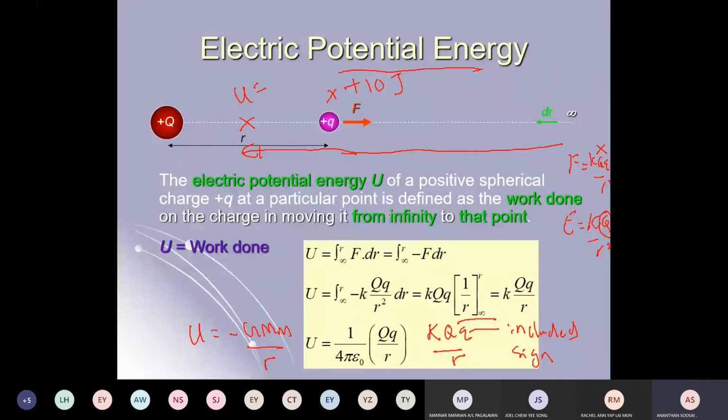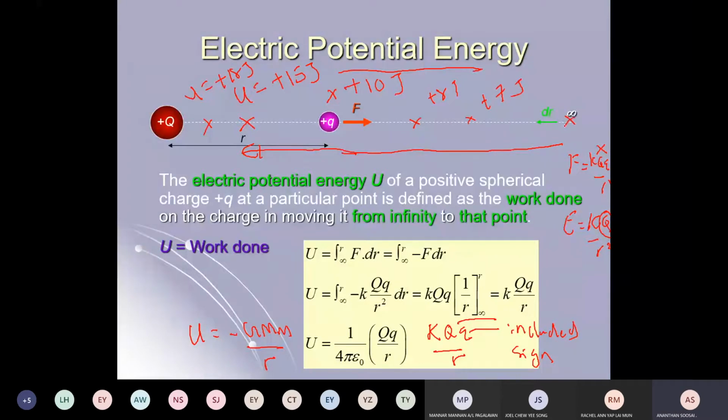Electric potential energy is the work done to bring a positive charge from infinity to that point. If the distance travelled is greater, the potential energy is going to be greater. It may be positive 15 joule, and when closer, maybe positive 18 joule and so on. But farther away, the potential energy gets weaker, maybe positive 8 joule and positive 7 joule.